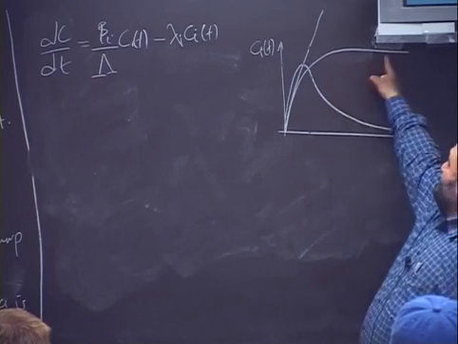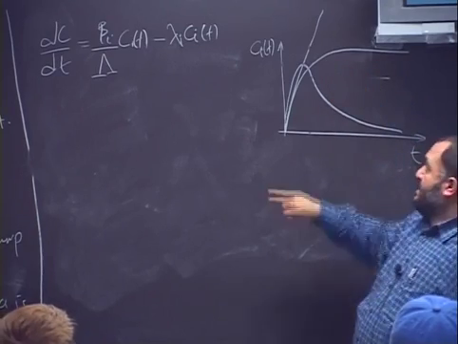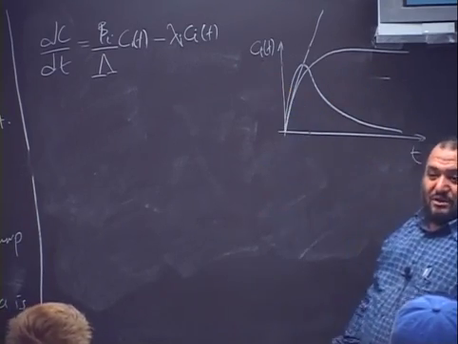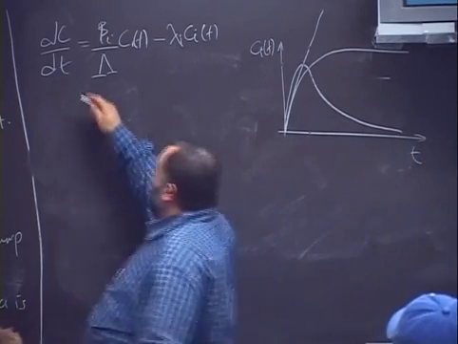So what does equilibrium mean here? That dCi by dt is equal to 0.